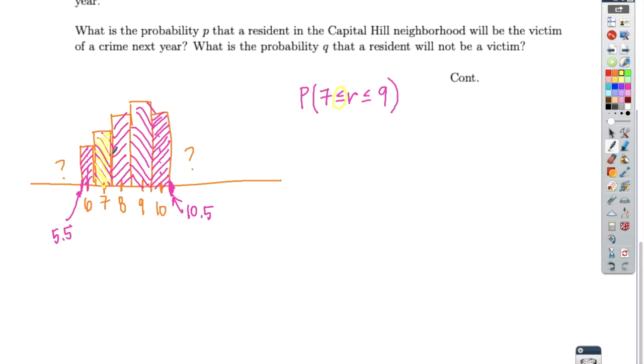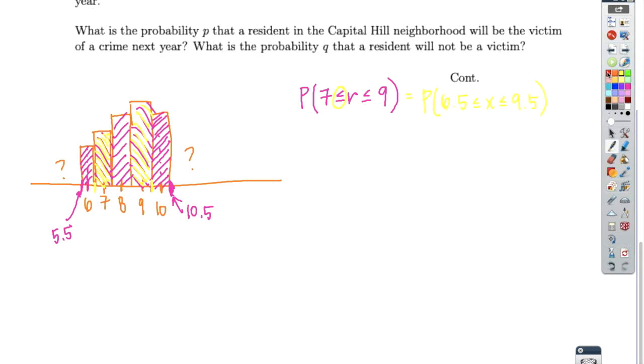Which means that I actually want to start at 6.5, because that's where this bar starts. And I want to include the bar at 9, which actually ends at 9.5. Okay, so the probability that R is between 7 and 9 is the same as the probability that x, a random variable, is between 6.5 and 9.5.